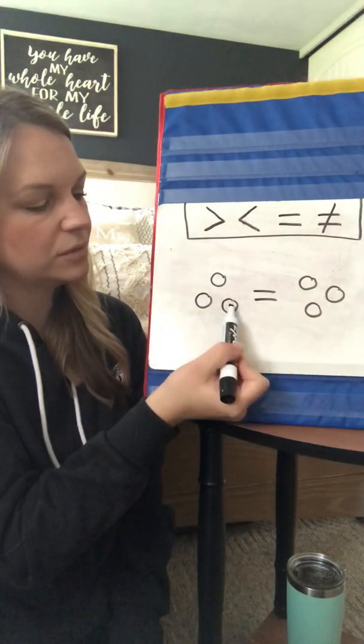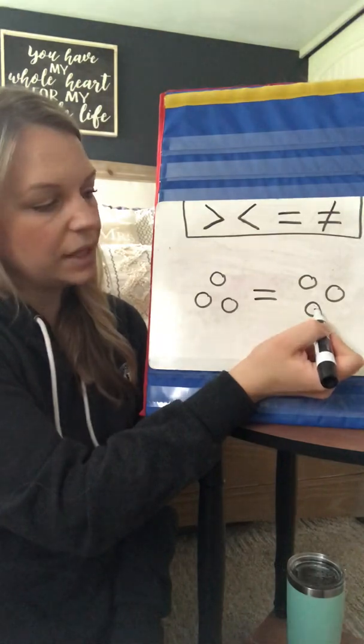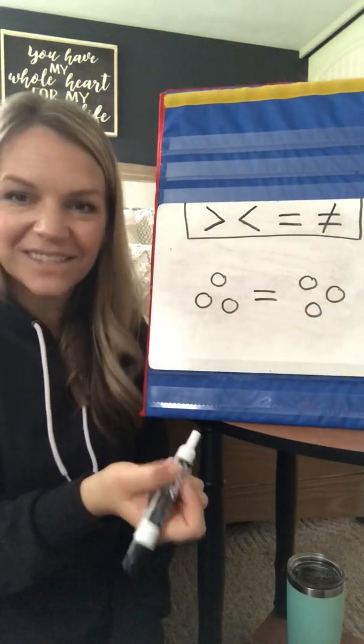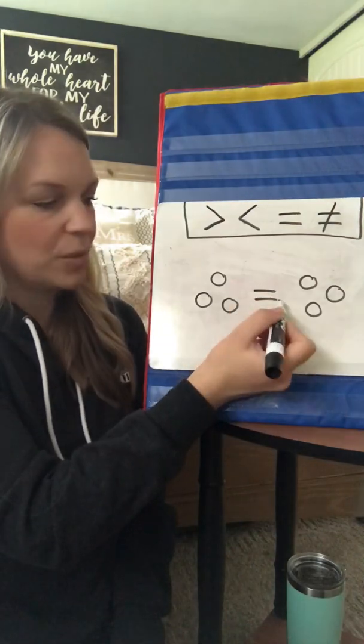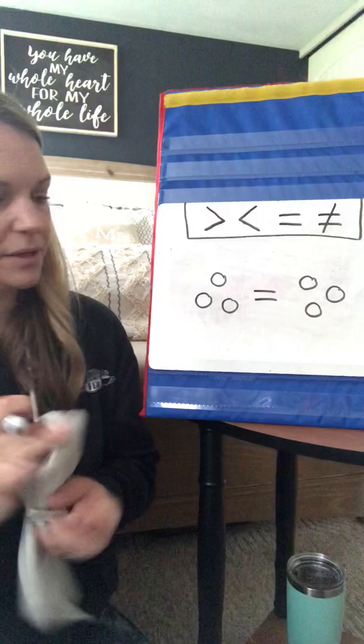Okay? So if we just look at this picture, let's count these dots. 1, 2, 3. 1, 2, 3. Are those the same? Yeah, so they are equal. Okay? Now I could switch it up a little bit.